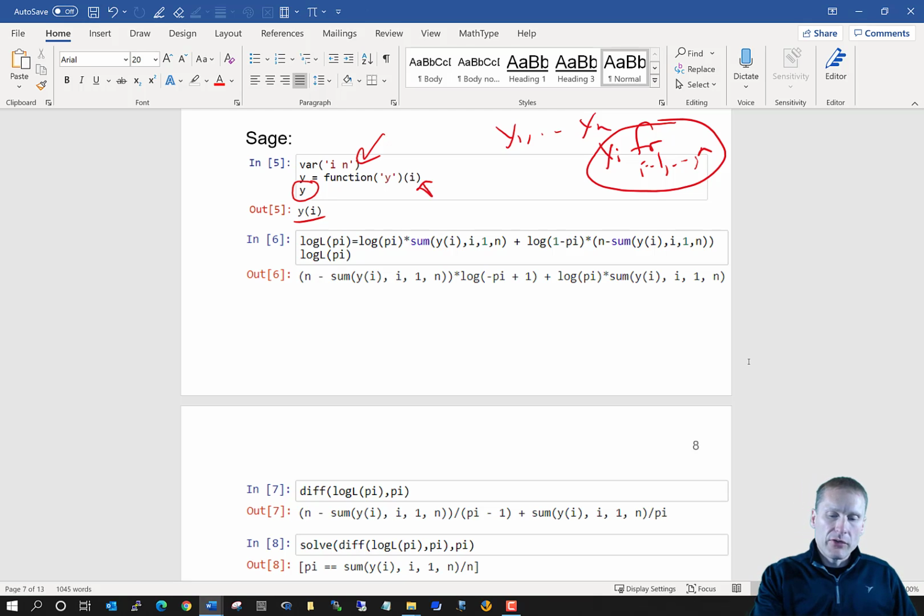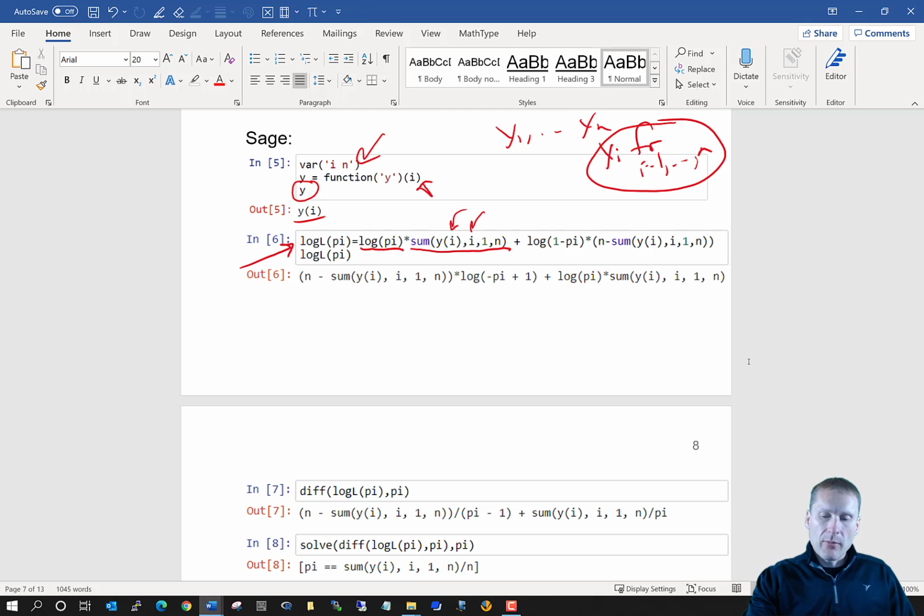Next, what I'm going to do is type in my log likelihood function. So to do the natural log in Sage, I can use the log function itself. To do the summation, we've seen this before, I use the sum function. And notice how I have y parentheses i in there.